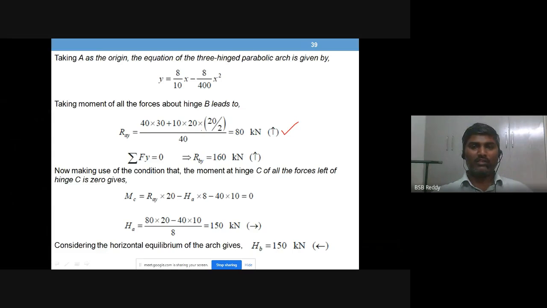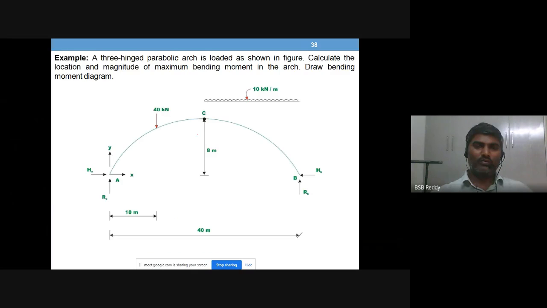How do you get this value? It is by taking moment of all the forces about B. When you take the free body diagram of the full arch ACB, you take B as the moment center and apply the equilibrium equation sigma MB equals 0.